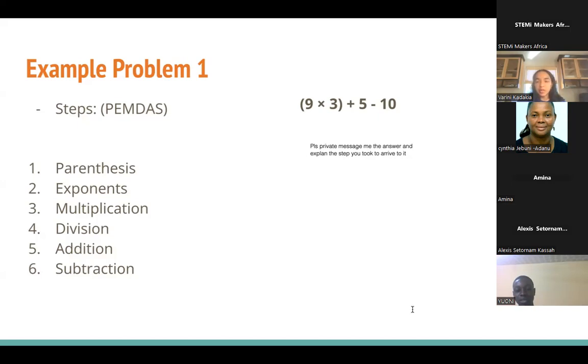Okay, so I'll give you guys one more minute to answer, and then we will go over the solution. Is it okay if I change my answer?